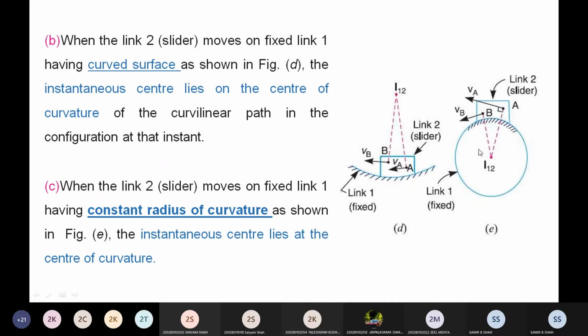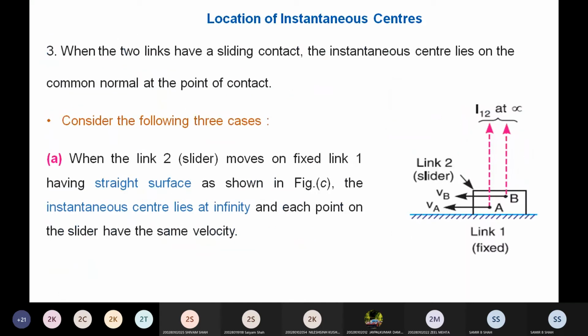And in the third case, having a constant radius of curvature, the I center lies at the center of curvature. It means that if a curved surface is there, or a constant radius is there, we get the I center at the center of curvature. But only in the straight surface do we get the center at infinity.